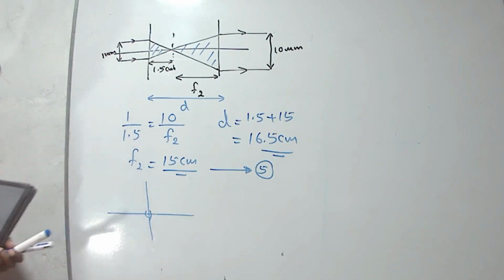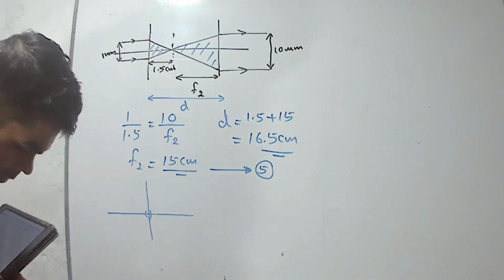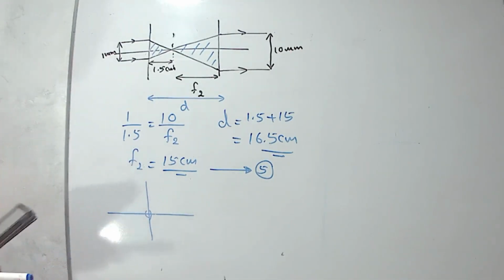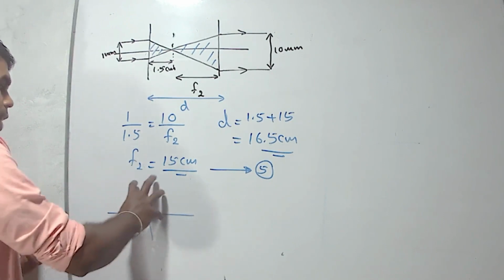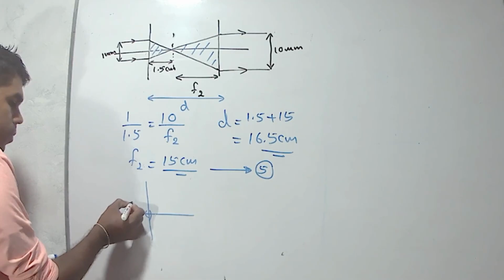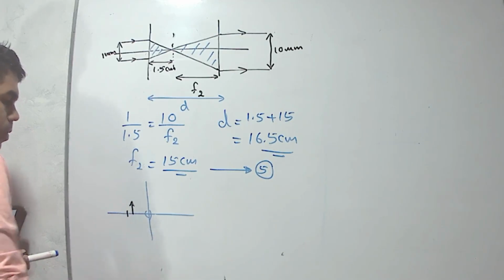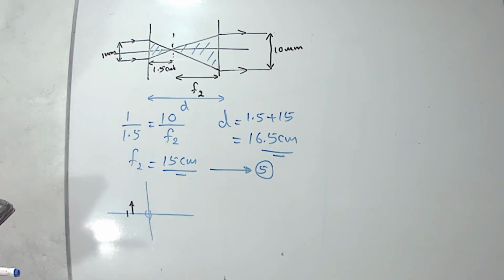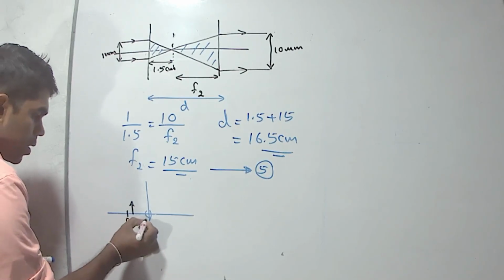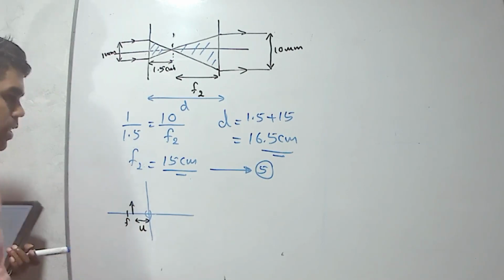We know that we can obtain an uninverted image for a convex lens by using an object whose distance should be less than the focal length. If this one is f, this one should be the object distance.